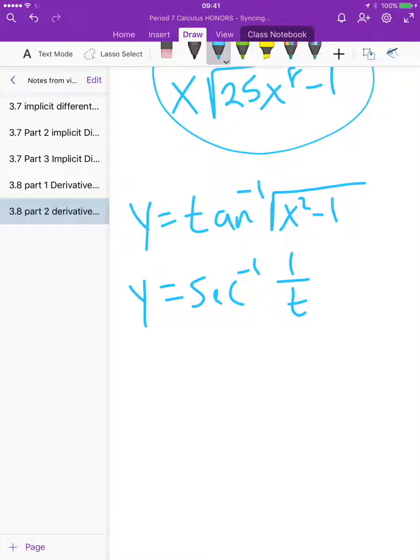But you can check your answers for secant, and you should have seen in this particular example negative 1 over the square root of 1 minus t squared. All right, so that's what we should have seen for our answer for this one here. Okay, so check your answers on that one, guys. Like I said, we'll go over the y equals tangent inverse first thing, and great job.